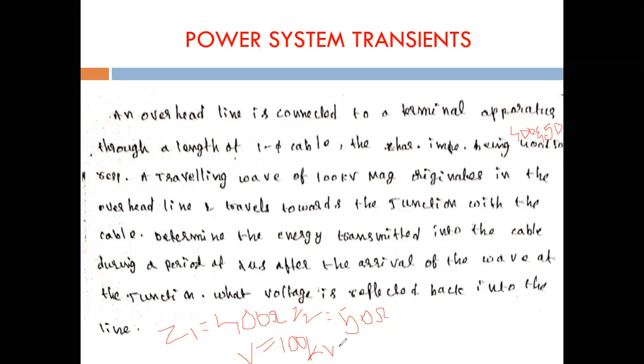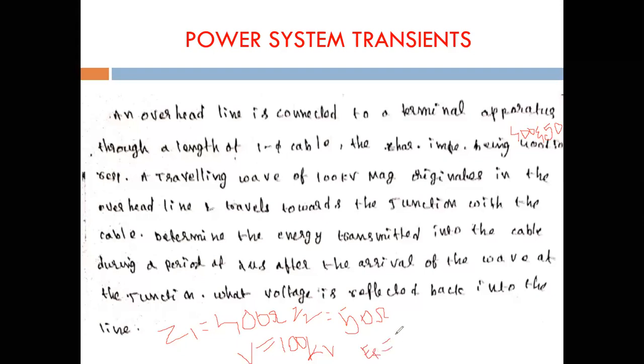That means the voltage V is equal to 100 kilovolts. We determine the energy transmitted into the cable after the arrival of that wave at the junction, and we also calculate the reflected voltage ER using this given data.